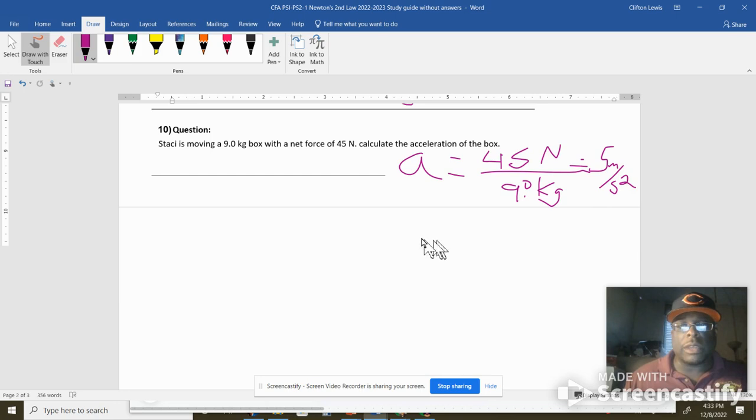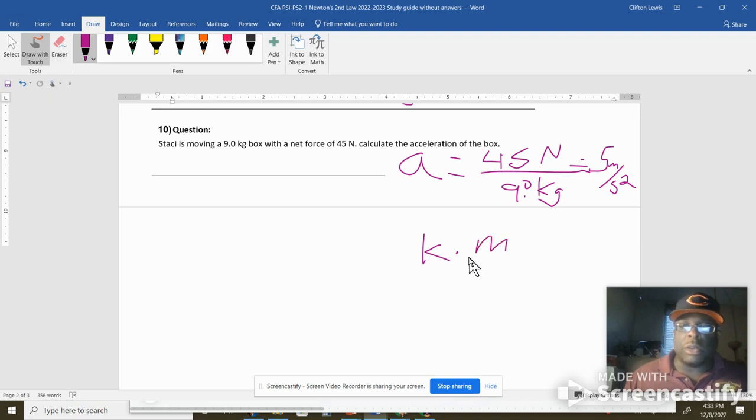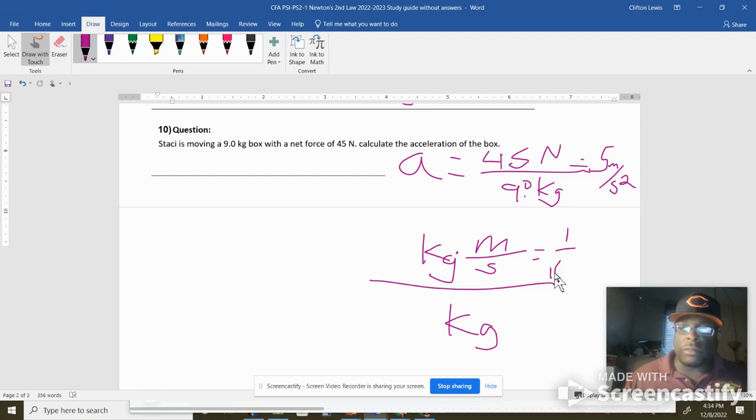That's it. To break this down, the Newton again is kilogram times meter per second squared, divided by kilogram. This is in the numerator. I have to multiply by the inverse of this, which ends up being 1 over kg, to get rid of this fraction.